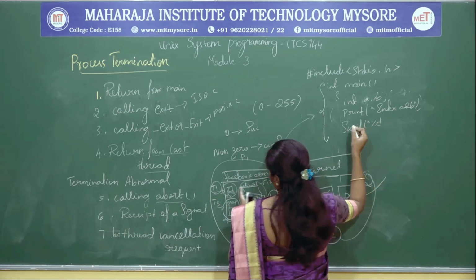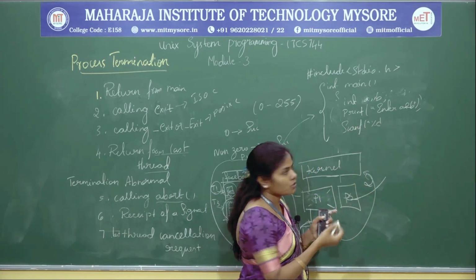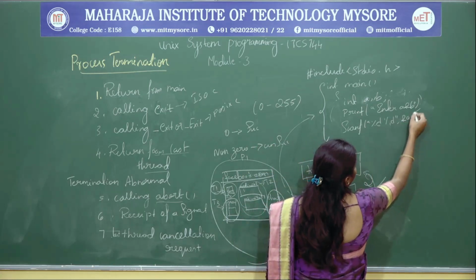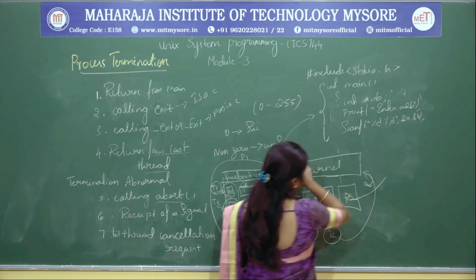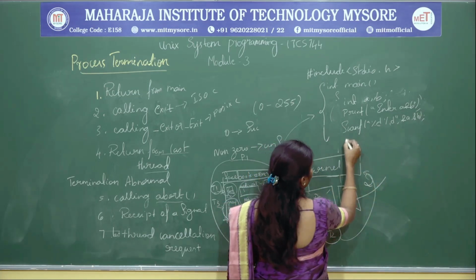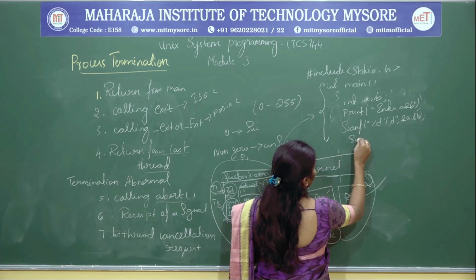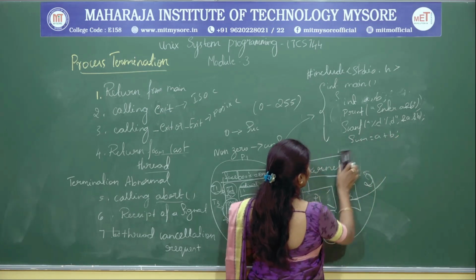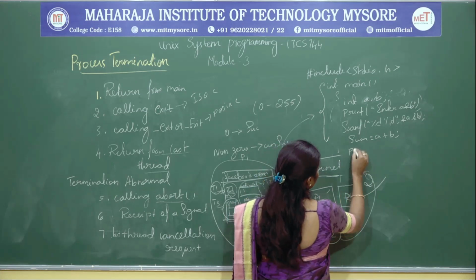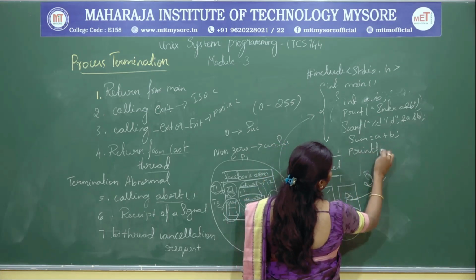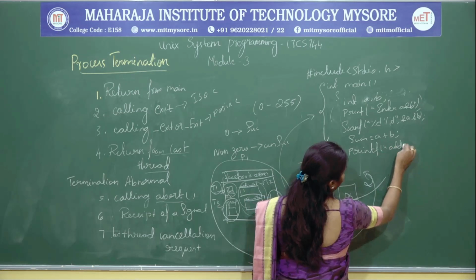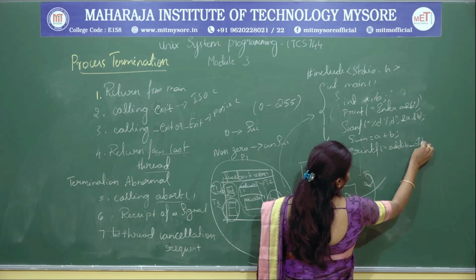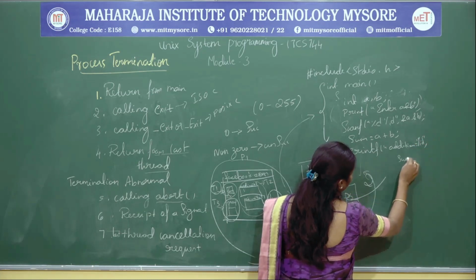To illustrate calling the abort function, I am taking this example, that's it. So I am reading the 2 variables from the user input, then sum is equal to a plus b. Now I am going to print this value, printf addition is equal to %d, sum.